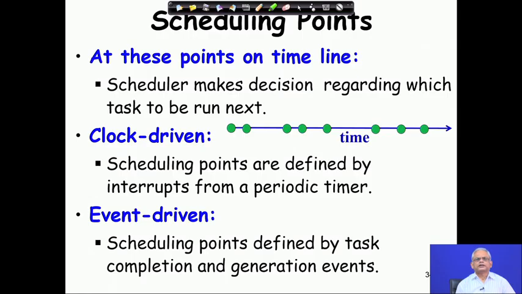Now, we look at one more important point before we look at the standard schedulers, that is about the scheduling point. We can think of a scheduler as a software component which becomes active at certain points of time and then decides which task to run next.